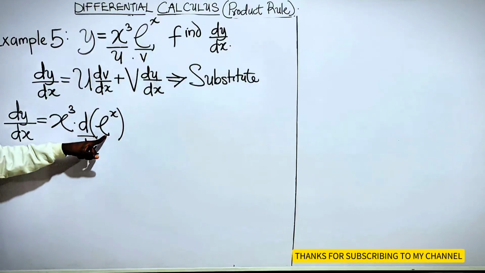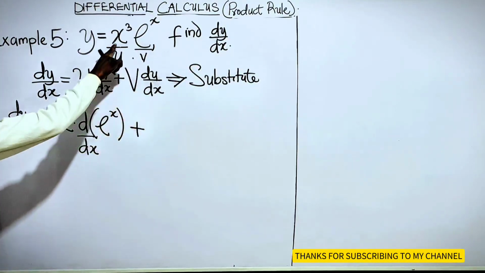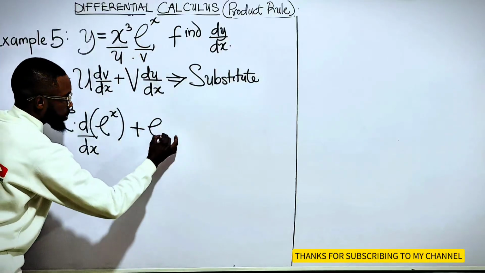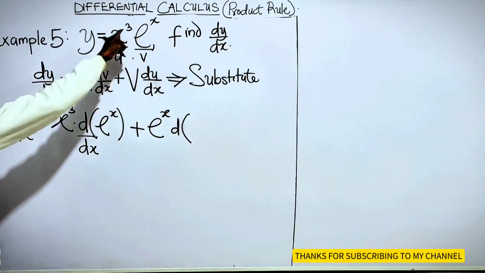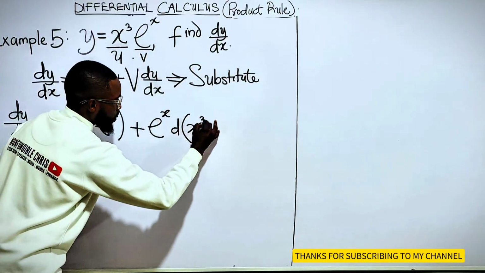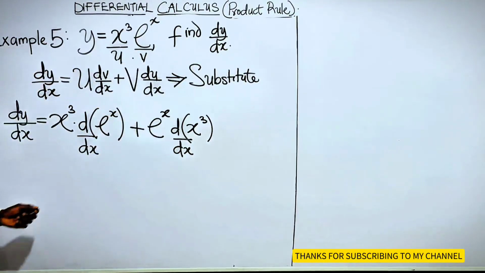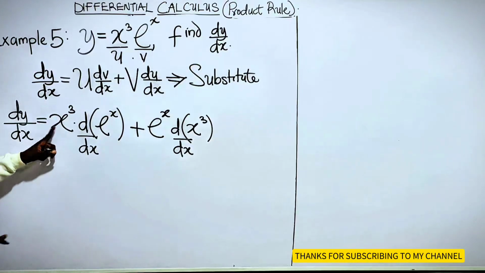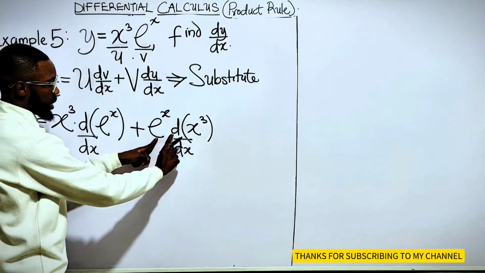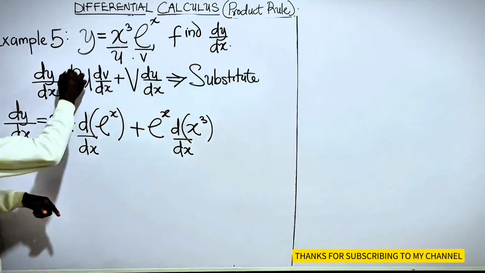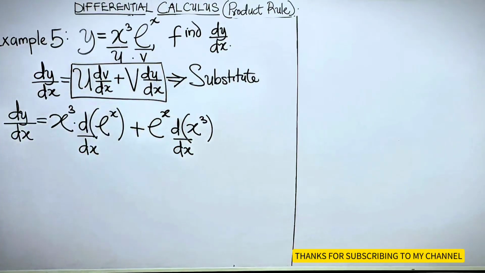Plus the value for v is what? e raised to power x. And then we have du, and the u there is x raised to power 3. We have d of x raised to power 3 all over dx. That's all. Very simple. So this is u dv plus v du, just like we have it in the formula bank. So it's just simple.